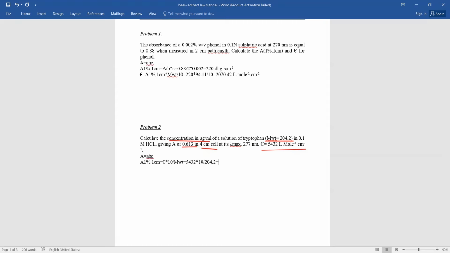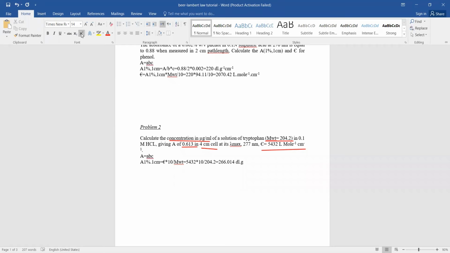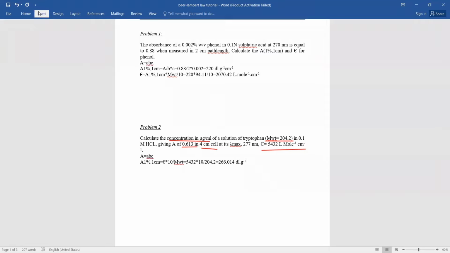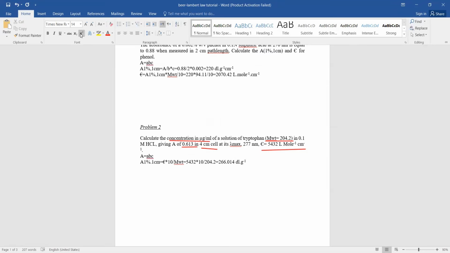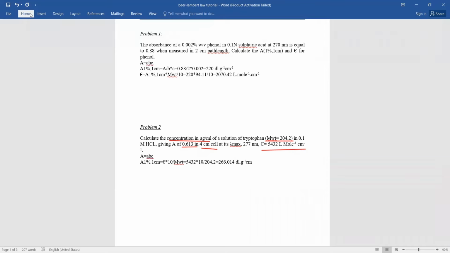We will have A1% equals 266.014. Okay, and we must write the unit, which is deciliter gram^-1 centimeter^-1.